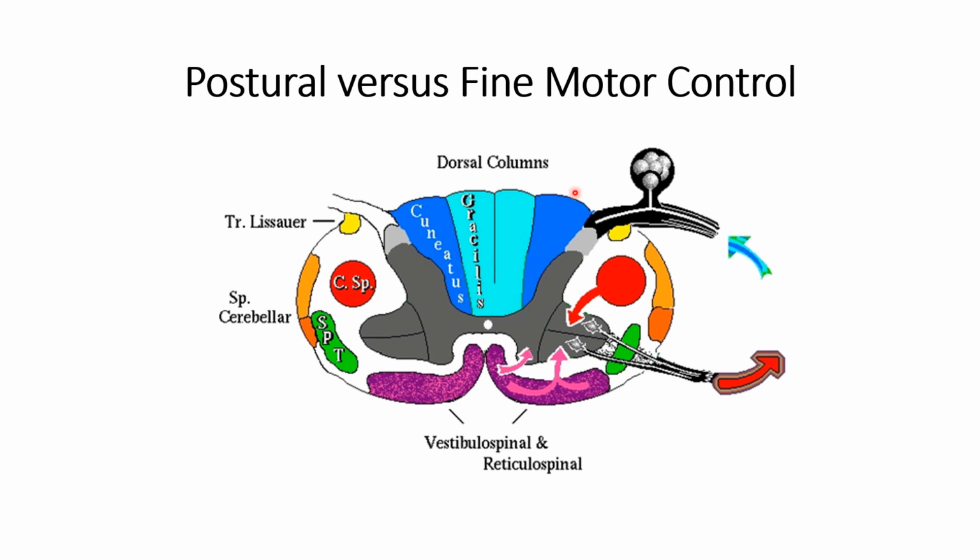Another structure shown here that we haven't discussed previously is the tract of Lissauer.